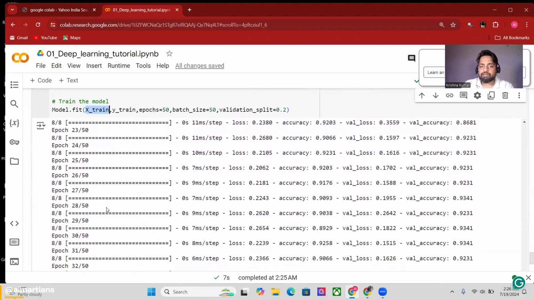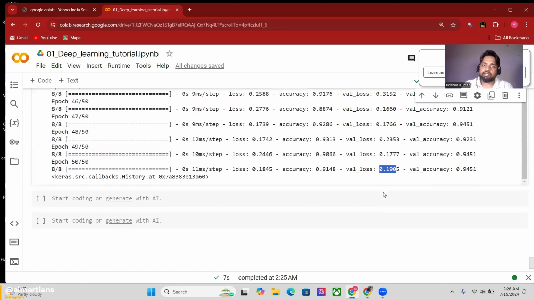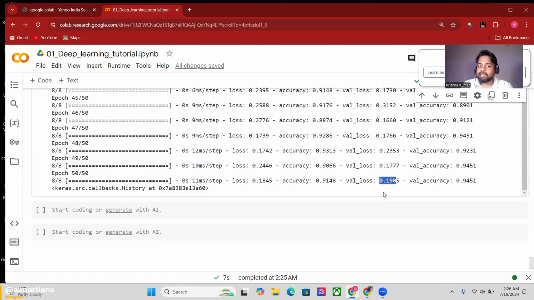Because of this I was getting such a huge loss. See, 18% loss I'm getting and 91% accuracy. In validation data, meaning testing data, which I passed in this sequence, I'm getting about 90% loss, and accuracy is 94%. But this can be enhanced.